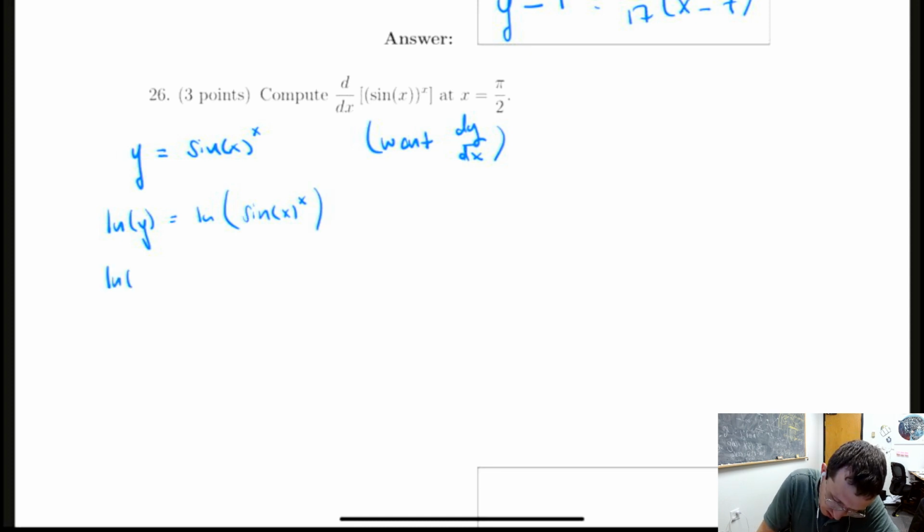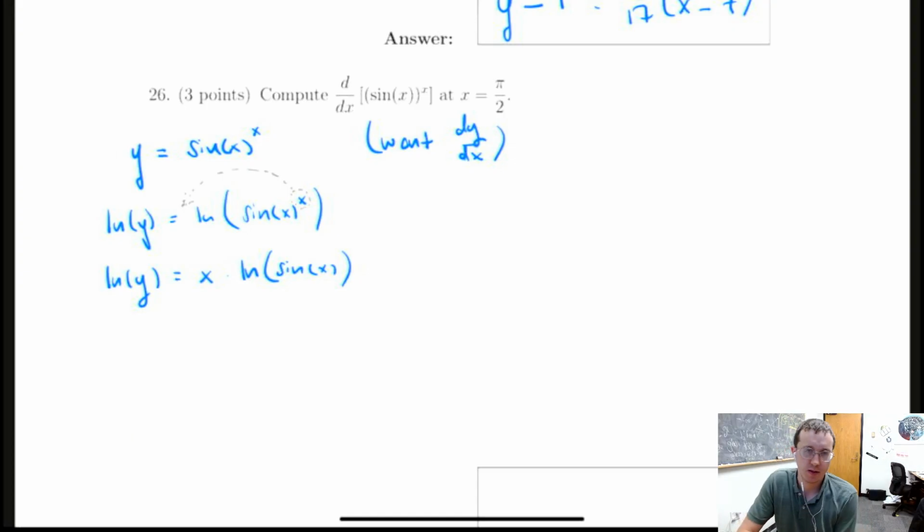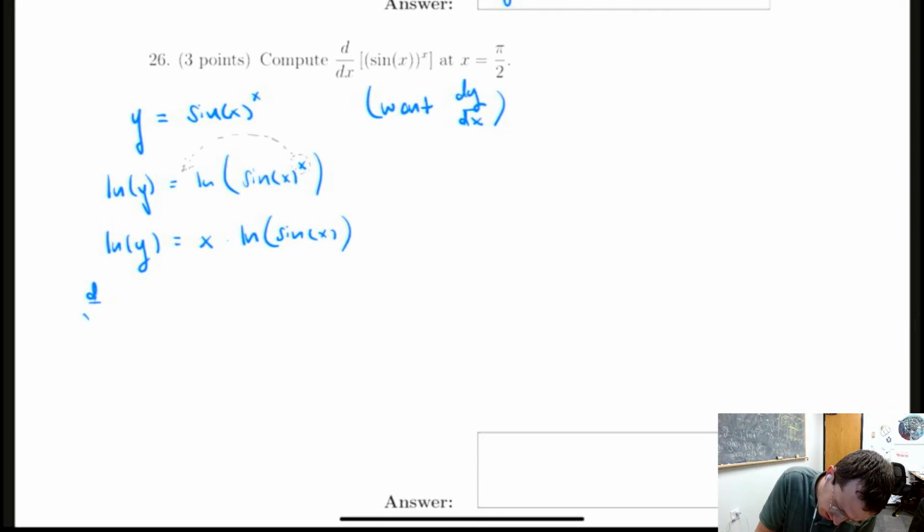The point of the natural log, the reason it's helpful here is that the exponent comes outside of the natural log. So I end up with x times ln of sine of x. And now I differentiate both sides with respect to x.